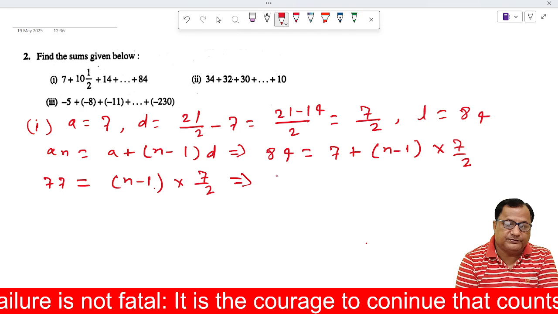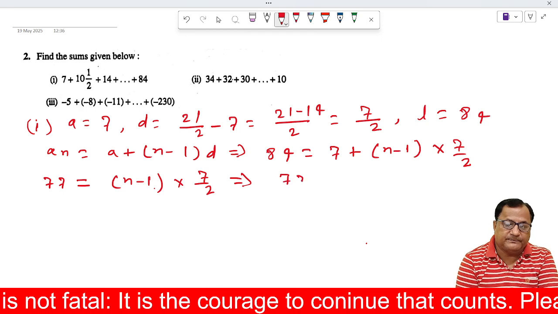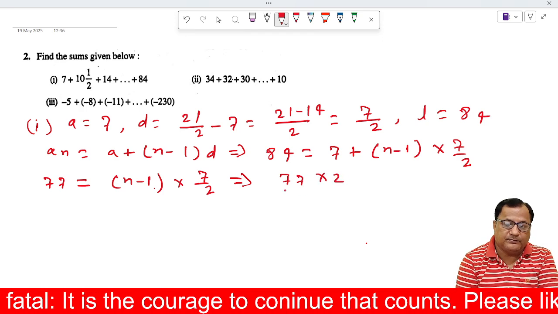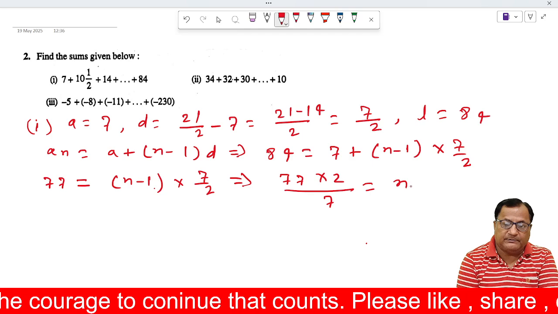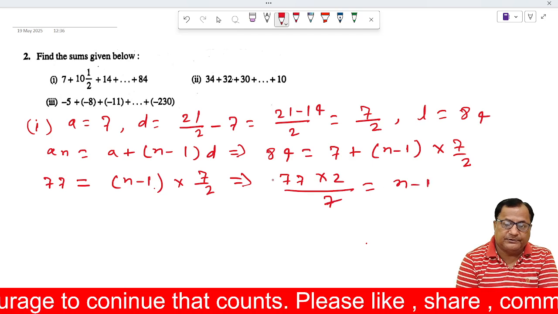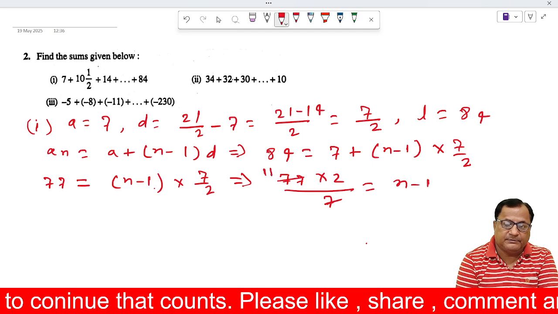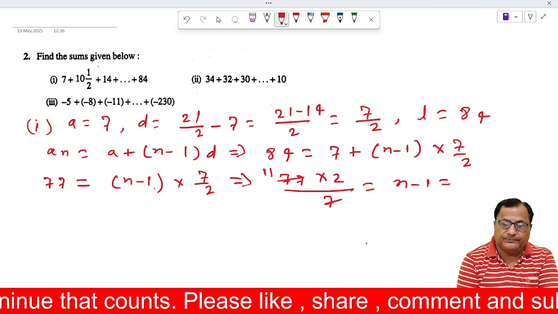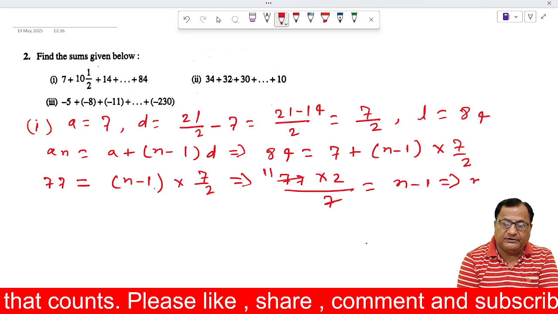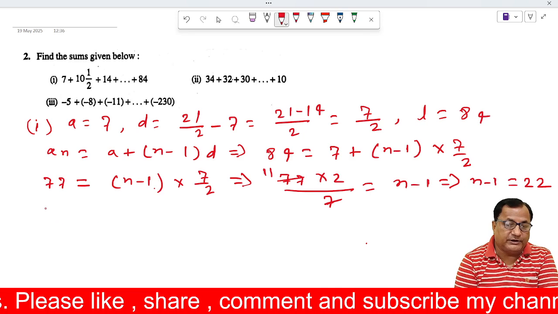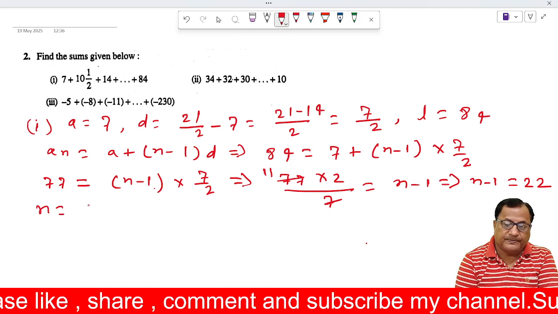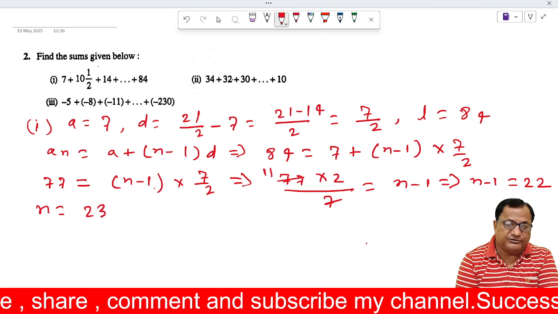So 77 into 2 by 7 is equal to N minus 1. That is 11 into 2, which means N minus 1 is equal to 22. So N is equal to 23, as 1 will go that side.